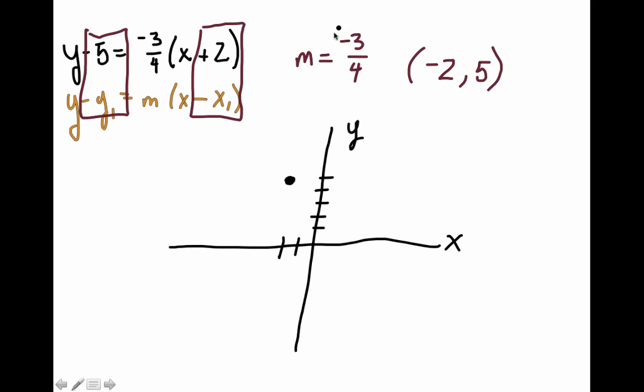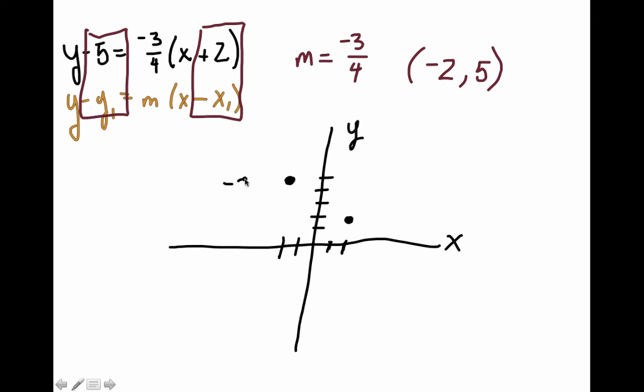And now from that point, just use the slope to go down 1, 2, 3, and over 4. 1, 2, 3, 4. More important than having a perfect graph on graph paper, I would rather have you be able to tell me what these points are.